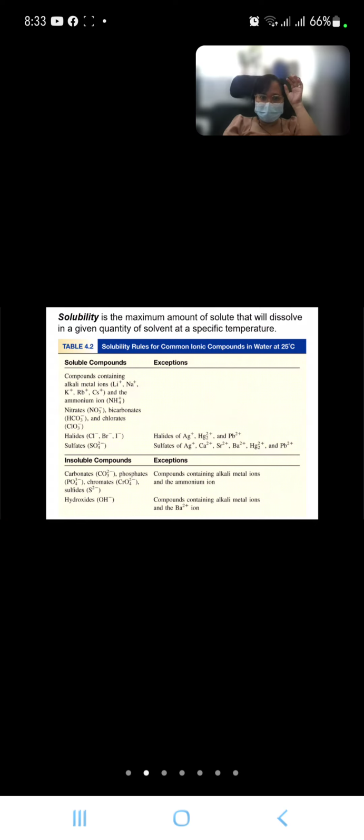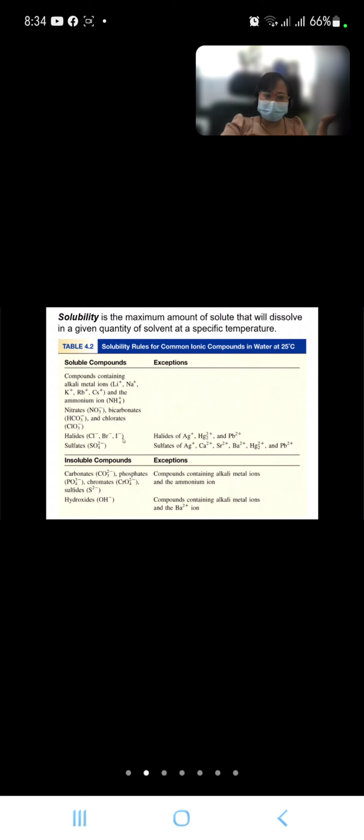The elements in the halogen group, if they form into ions, are called halides. So what are these halides? We have the chloride ion, bromide ion, and iodide ion.